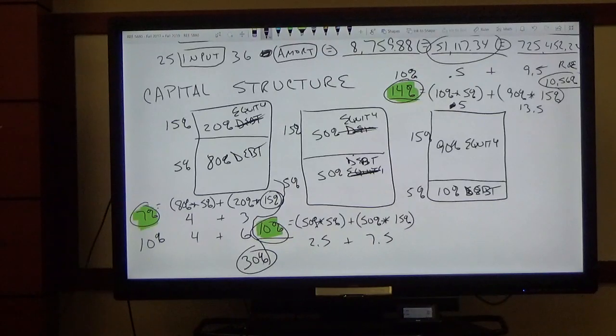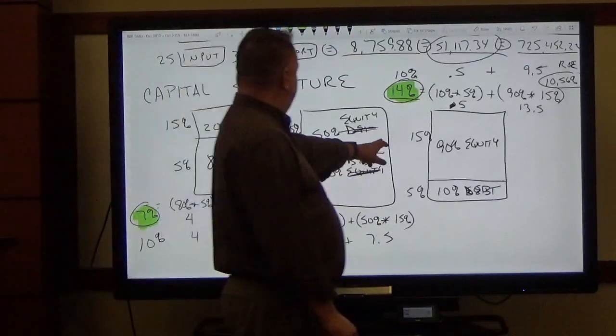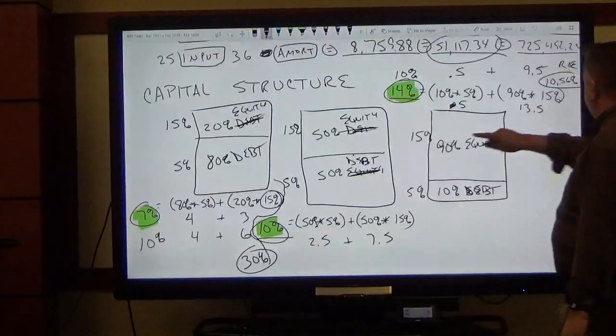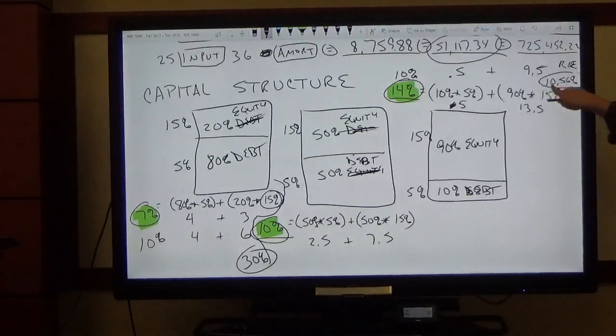So the lender is still going to get paid their 5%, but we're the ones that are going to have to take the hit as the equity player. Instead of getting the 15% return on equity that we were demanding, we're actually only going to get 10.56. Does that make sense?